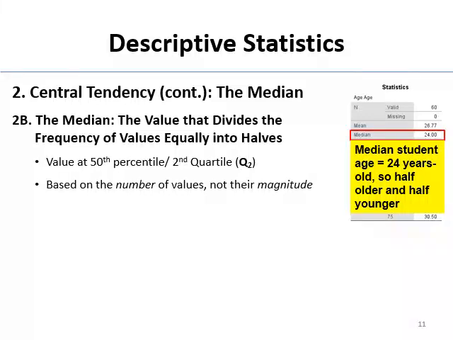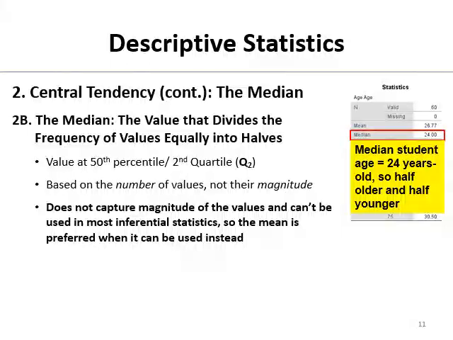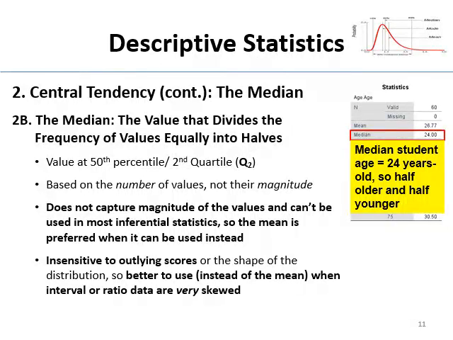You could add a 99-year-old and it doesn't even change that much. The mean would go crazy. So it doesn't capture the magnitude of the values. And the median can't be used in most of the fancy inferential statistics that we want to use for our dissertation. So the mean is preferred when you can use the mean. The median is insensitive to outlying scores or the shape.